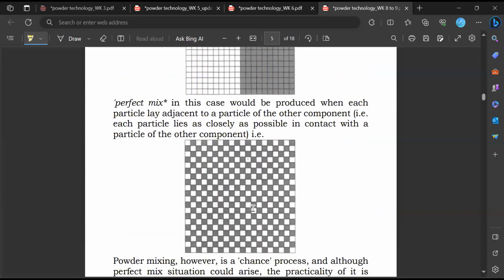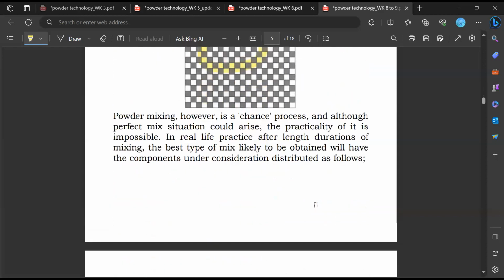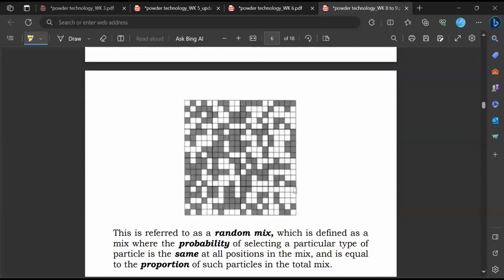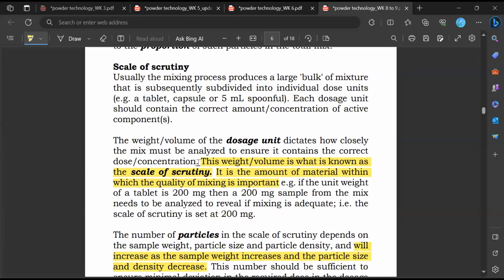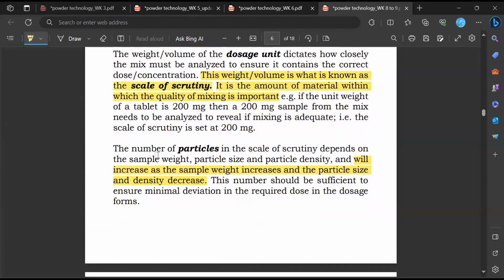In the mixing process, the perfect mix would be something like this, but in practice you don't get to see that. You get to see a random mix. Scale of scrutiny is weight over volume, and it is the amount of material within which the quality of mixing is important. The number of particles depends on weight, size, and particle density.